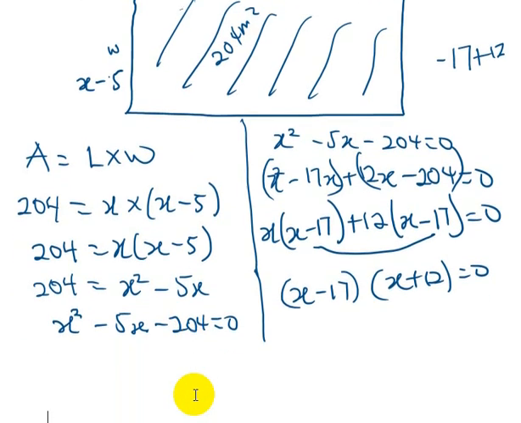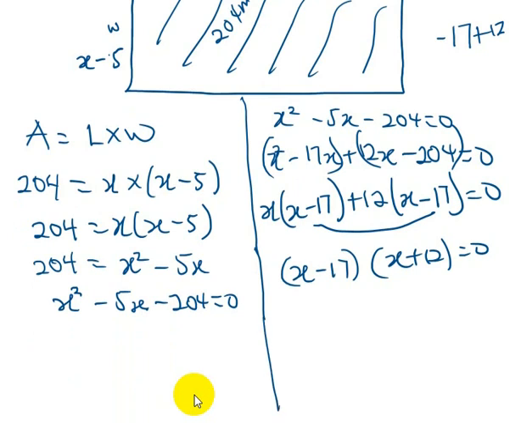From there we get x minus 17 equals 0 and x plus 12 equals 0. So we're going to get x equals 17 and also x equals minus 12.